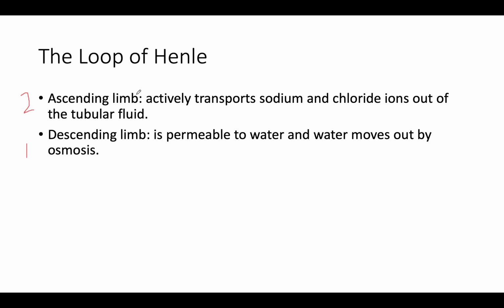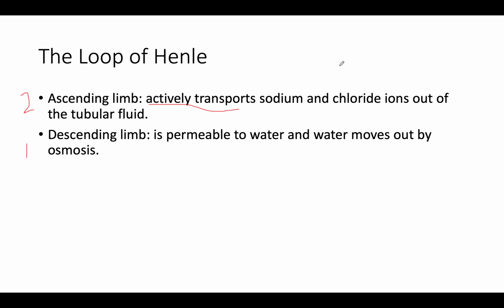Your ascending limb then is going to actively transport sodium and chloride ions out of the tubular fluid. Now that's key. It's actively transporting it out.